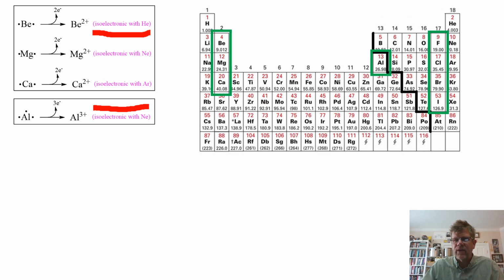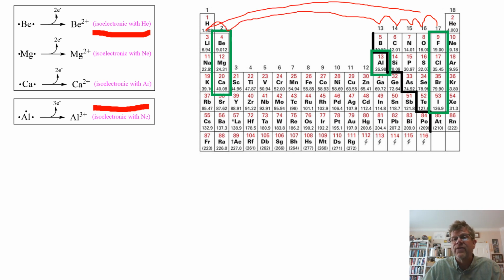7 valence electrons. Now, given our model before, we could give up 7 electrons for fluorine, 1, 2, 3, 4, 5, 6, and then 7, to become isoelectronic with neon. That's a lot of work.